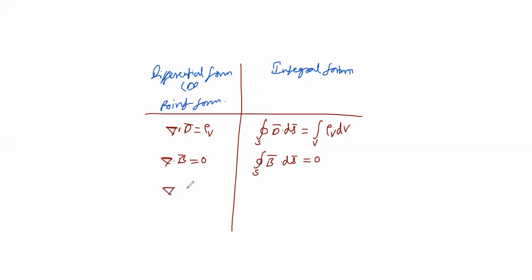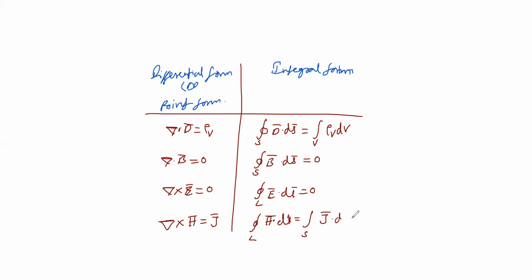Here del cross E bar equal to 0, closed line integral E bar dl equal to 0. With respect to H bar, del cross H bar equal to J bar, closed line integral H bar dl equal to surface integral J bar ds.